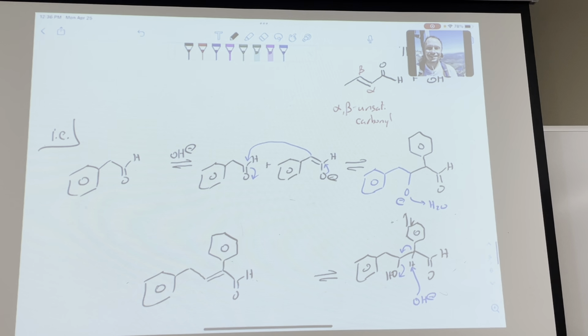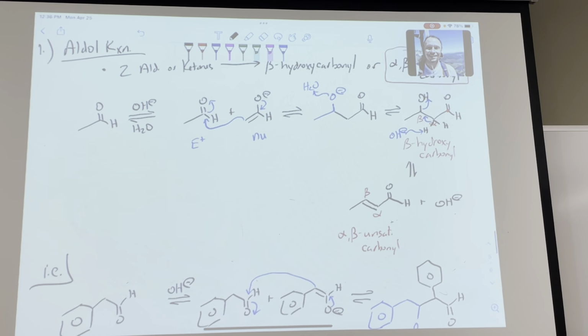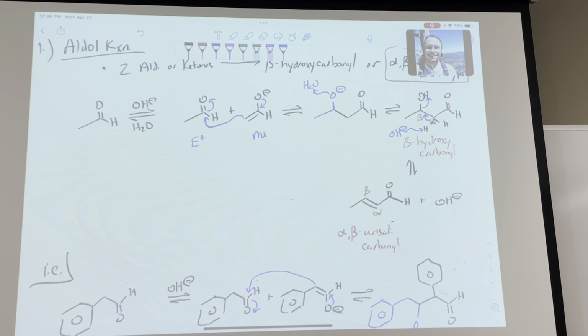By the way, I keep telling you that the beta hydroxycarbonyl is very difficult to isolate. Why is the alpha beta unsaturated so much more favored relative to the beta hydroxycarbonyl? What's so special about this one?